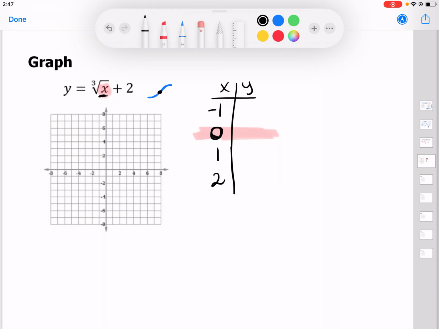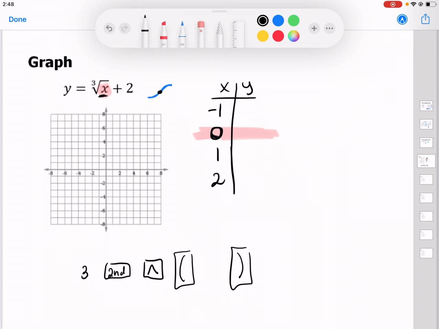If you're using a calculator, just a reminder, a lot of calculators might have you first type in a 3, then the second button, then the little caret button, and then you can type in what's under the radical. Some of them require that you put parentheses around it, but if you have the multi-view calculators that I have in class, you don't have to worry about that.